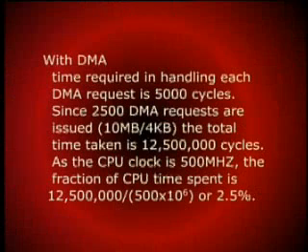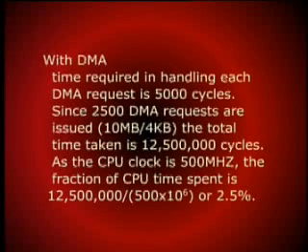With DMA, the time required in handling each DMA request is 5,000 cycles. Since 2.5K DMA requests would be issued, the total time taken would be 5,000 multiplied by 2,500, which is 12.5 megacycles. Since the CPU clock is 500 megahertz, we divide 12.5 by 500.